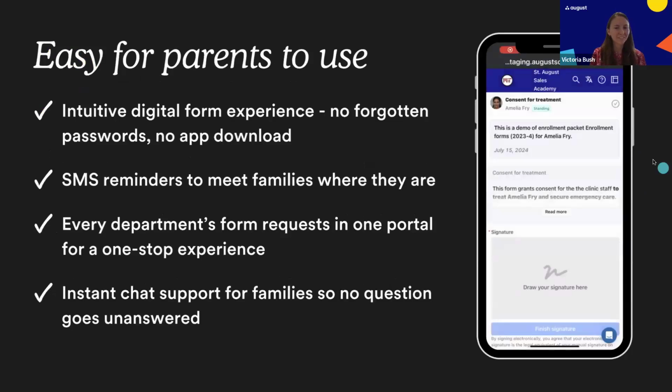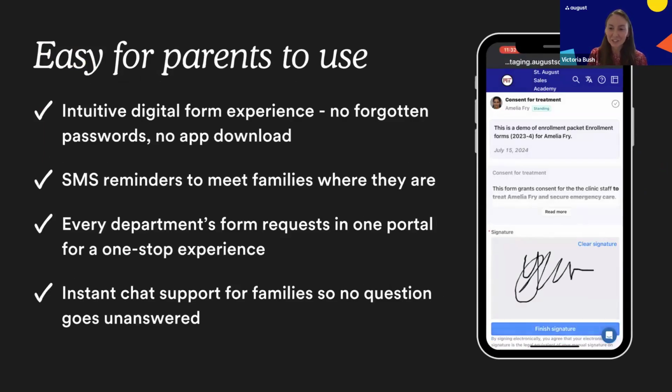So let's start with how smart forms make things easy for parents. We've designed a form experience that allows parents to access the portal using a magic link and a birthday verification. It doesn't require a password or app download, which we've seen are often barriers to getting things submitted. The form experience is super easy to navigate, which you'll see in a bit when Nathan walks you through it.